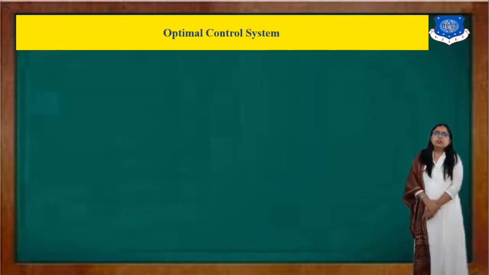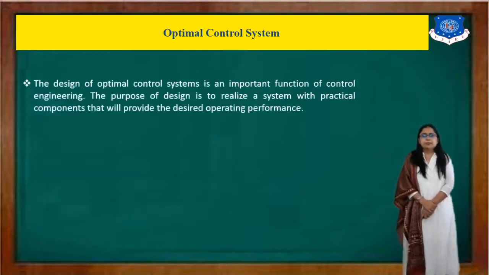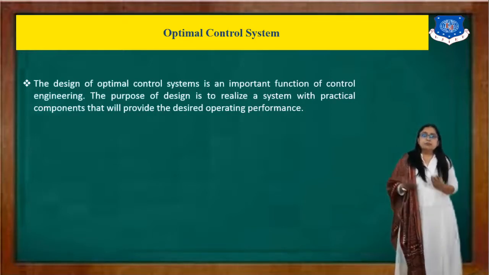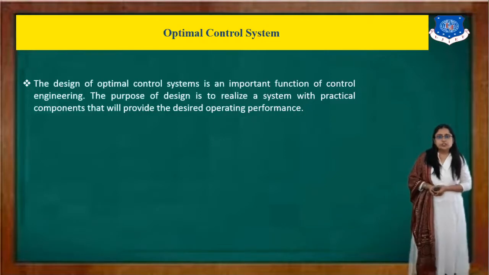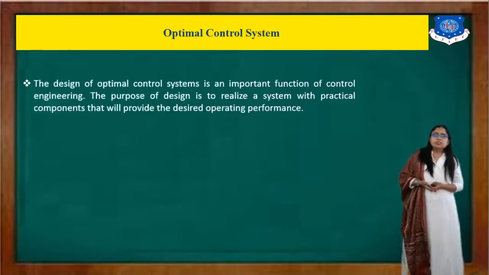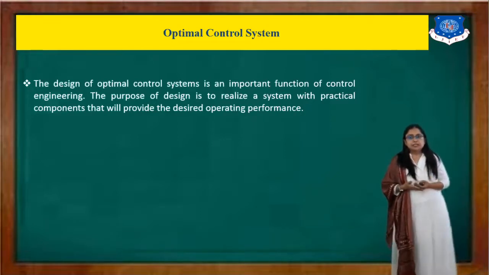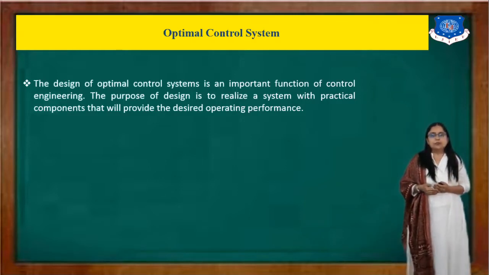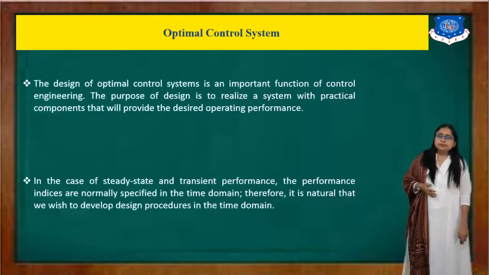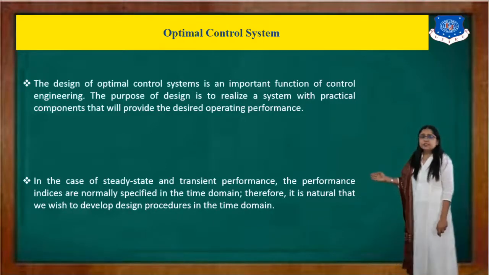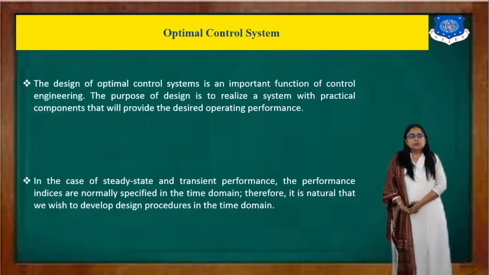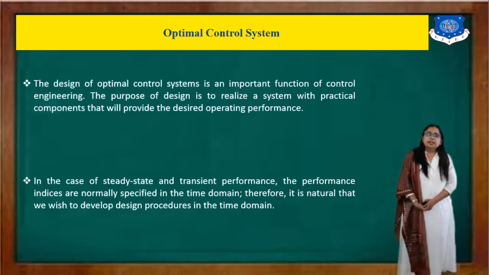Now let's start with the optimal control system. The design of an optimal control system is an important function of a control engineer. The purpose of design is to realize a system with practical components that will provide the desired operating performance. In case of steady state and transient performance, the performance indices are normally specified in the time domain.